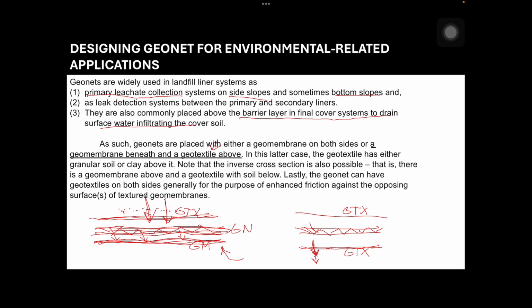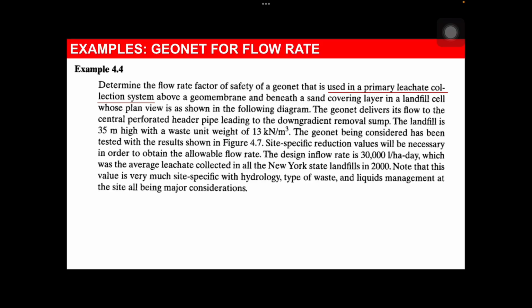Kasi, na-filter naman na most of the bad chemicals dito. Baka konti na lang yung magsisip through dito. So, they can calculate naman that. And then, under ng geotex, pwede pa nga maglagay ng mga clay or very fine type of soil. So, syempre, may design naman for that. So, it's okay.